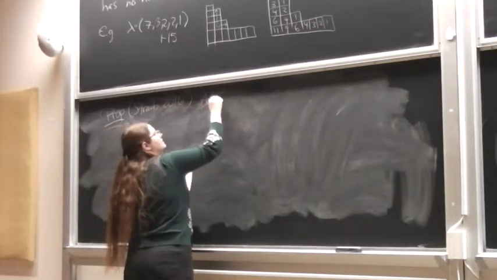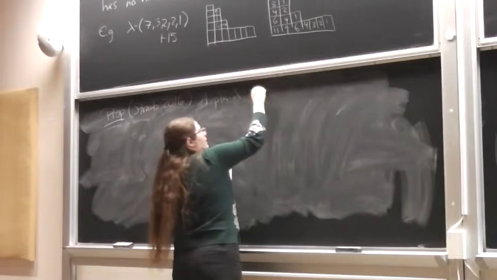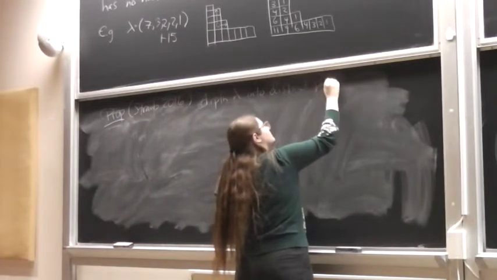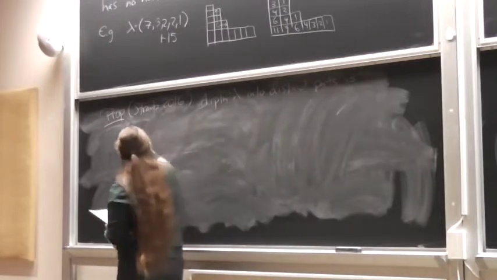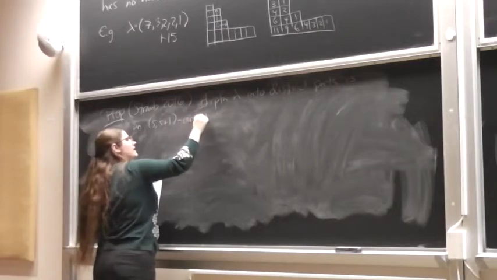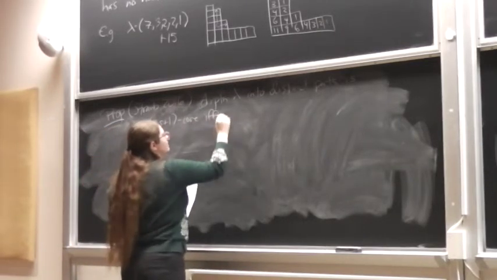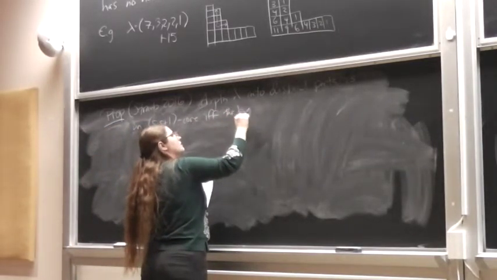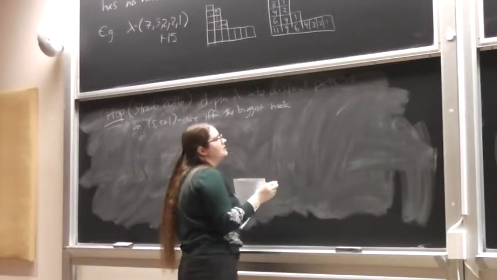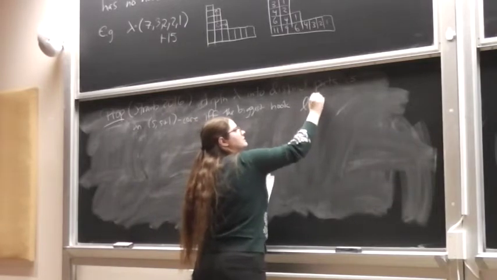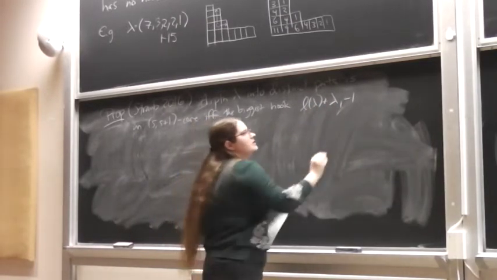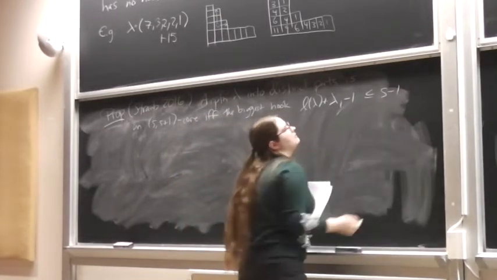A partition lambda into distinct parts is an (s, s+1)-core if and only if the biggest hook, which is going to be the number of parts plus the longest part minus 1, is at most s minus 1.